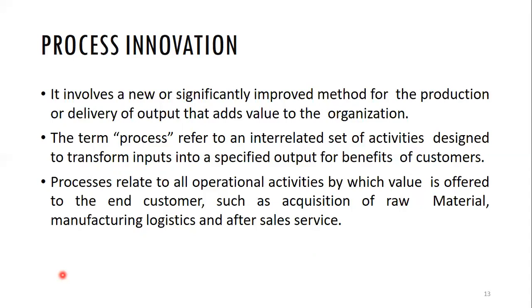So we can make some changes, or we can add creativity to the processes as well. We can modify the existing processes in order to modify the outcomes. So that is actually process innovation.